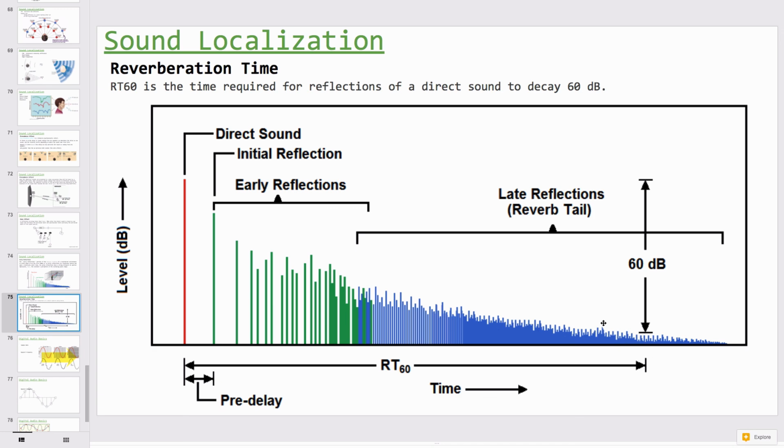Whereas if a room is made up of absorbent materials, or the reflections are kind of foiled in some way, then you'll have a drier room. You'll have much less reverb because they're decaying quite rapidly.